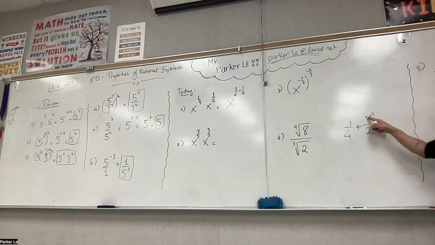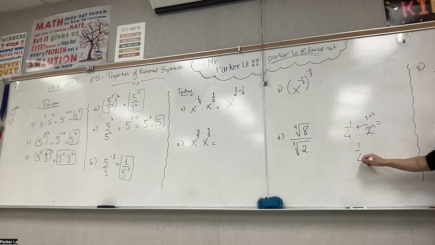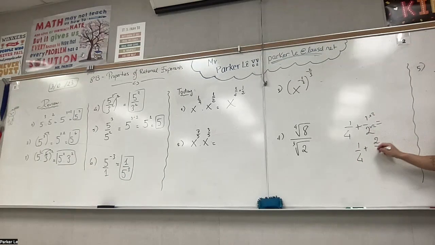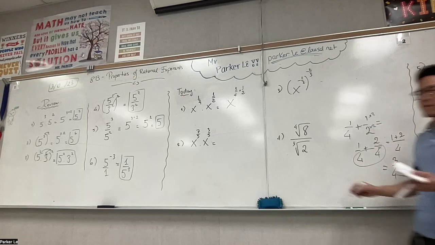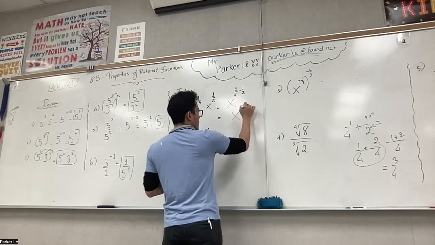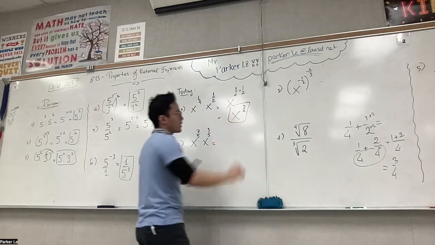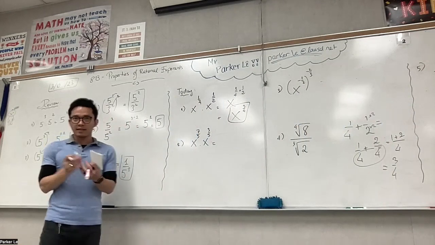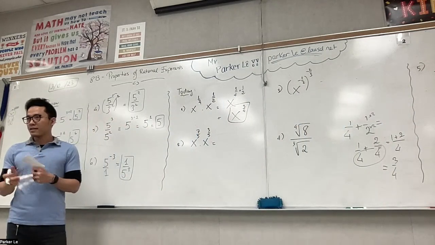So I multiply by 2 for bottom and top. On top, you have 1/4, and the second one is 1 times 2 is 2, 2 times 2 is 4. Now you can see they have the same denominator. Good to go. I add the top: 1 plus 2 is 3 over 4. So my answer is x to the power 3/4. That's the answer.